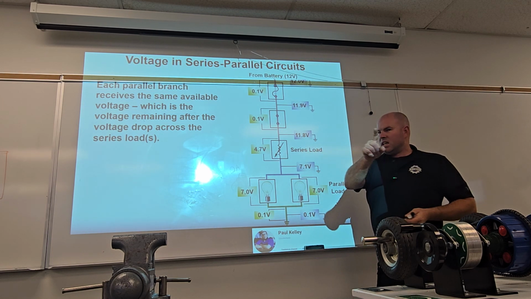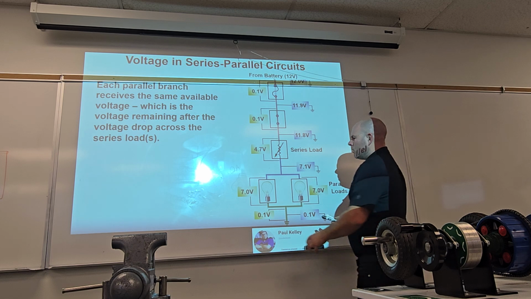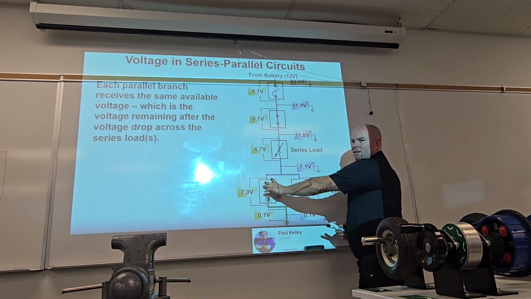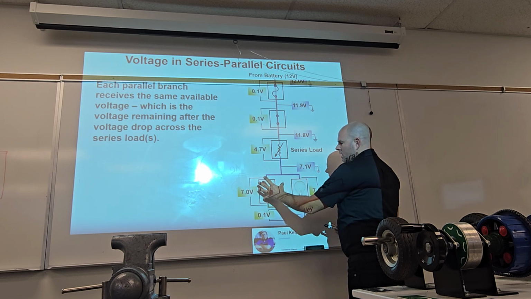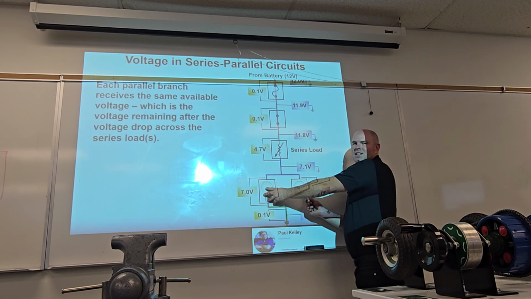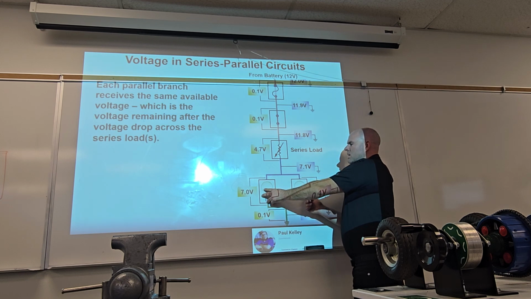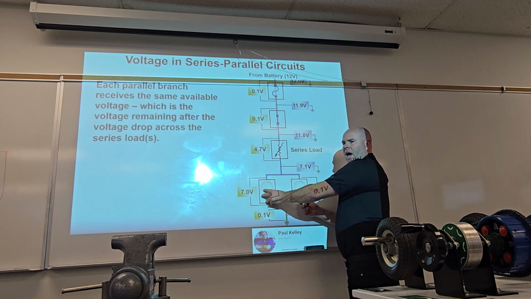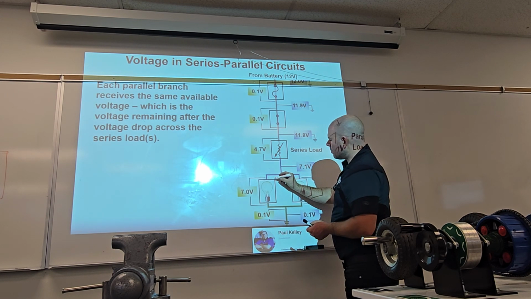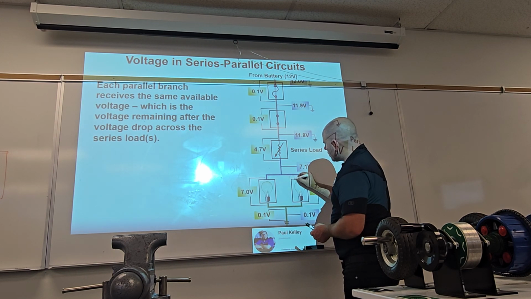Cool? What if, however, we were to add resistance right here? Think about that. If we were to add resistance here, that would slow this side down. It wouldn't necessarily slow this side down, though, which would mean this one would be affected, but only like half. So let's go with 2 amps right here.